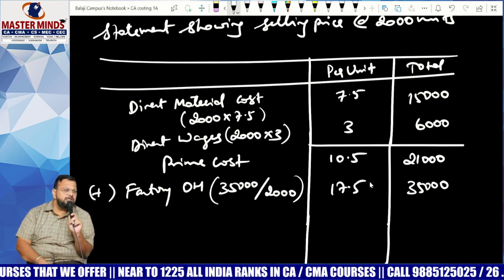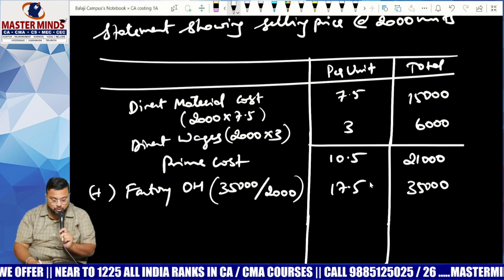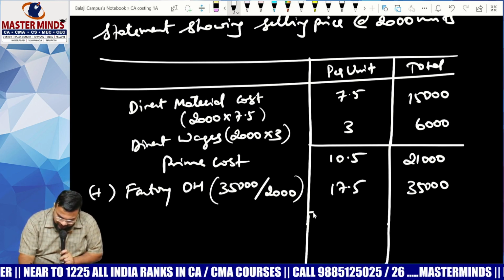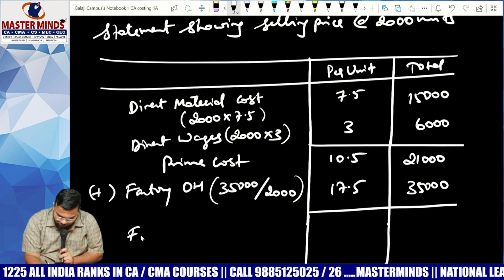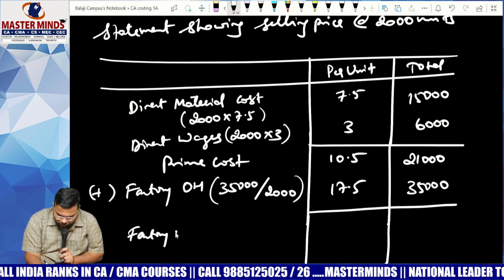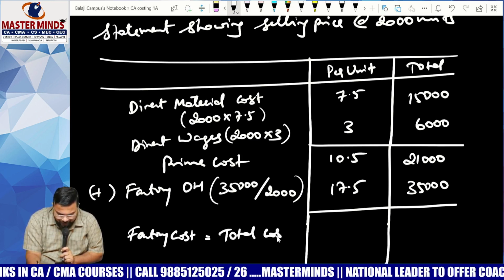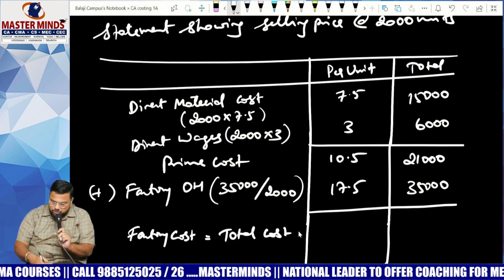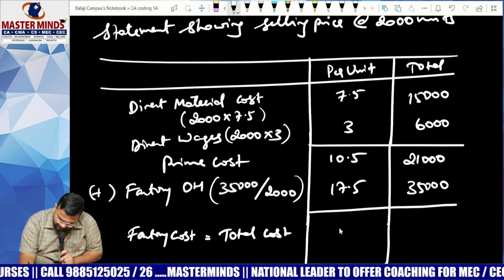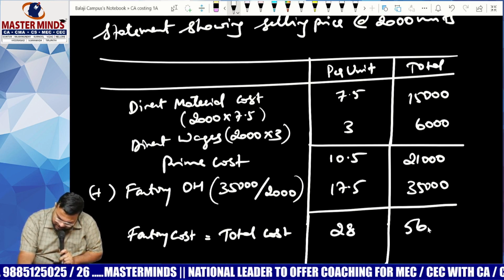Or else you can show variable and fixed separately. Anyway, I have calculated the total, that's why I have shown the total straight away. Now, if I add these two, I get factory cost, which will be equal to total cost, because there is no other expense mentioned in the problem. So how much will it be? 28 per unit, and total 56,000.